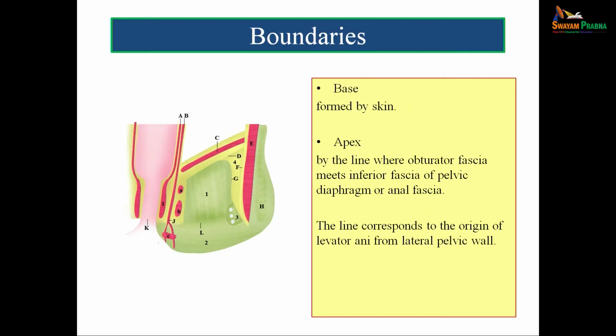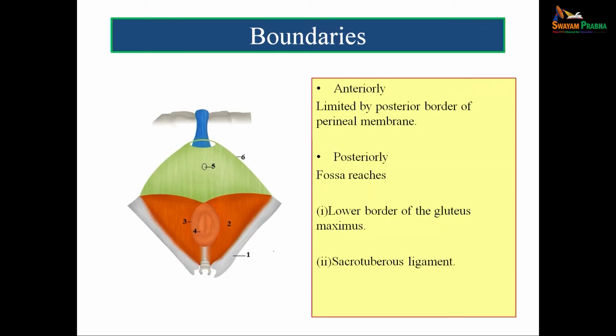In this particular slide, we are seeing the horizontal section in relation to the ischiorectal fossa. This is a surface view. In this surface view, we see the green area that represents the perineal membrane.